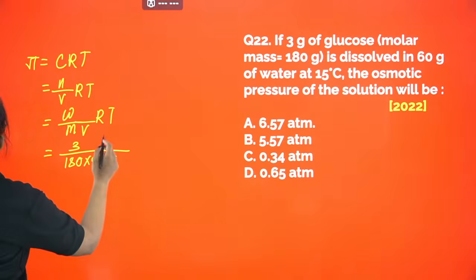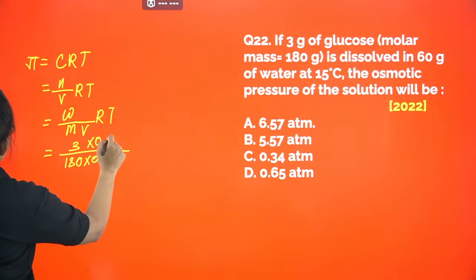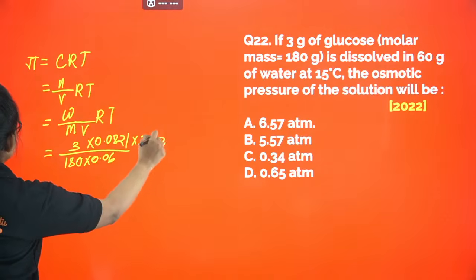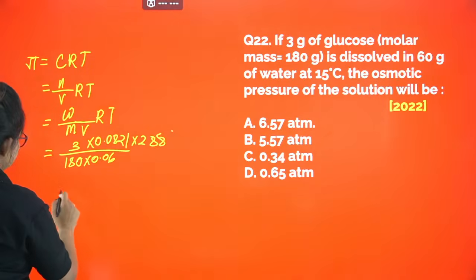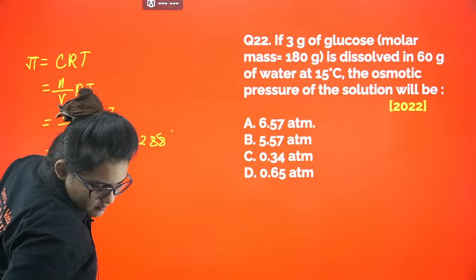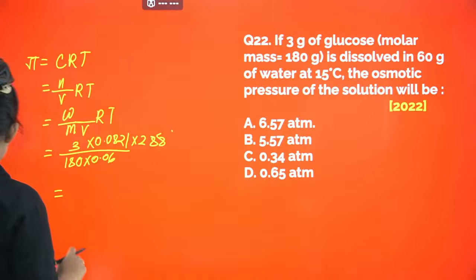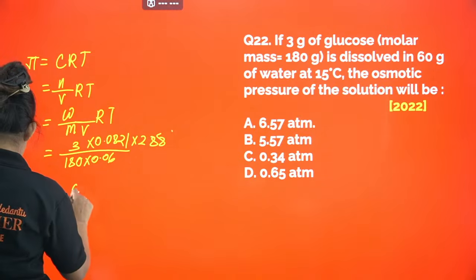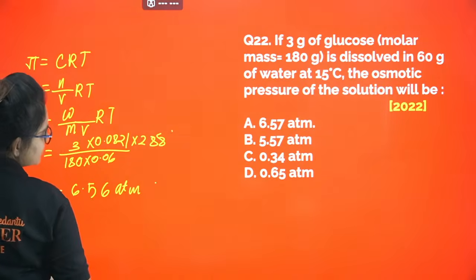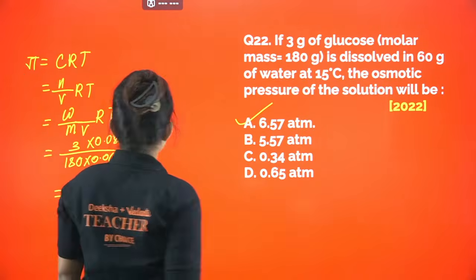So from here, into R value, let's put 0.0821 into 288. Let me just tell you, if you calculate, it will come to be something like 6.56 atmosphere. Yes, option A is the correct one.